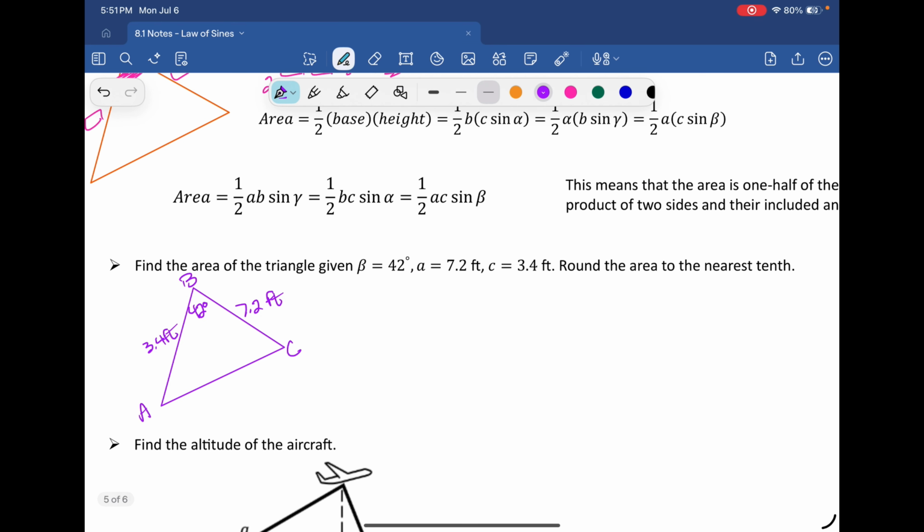So then the area of that triangle equals 1/2 side that's next to, other side that's next to, sine of your angle. Calculator.